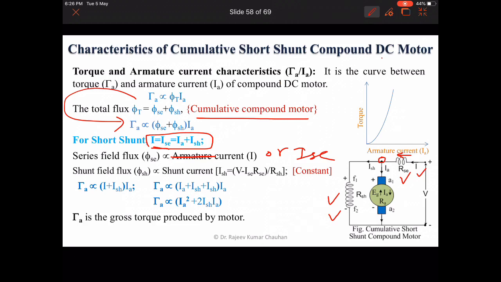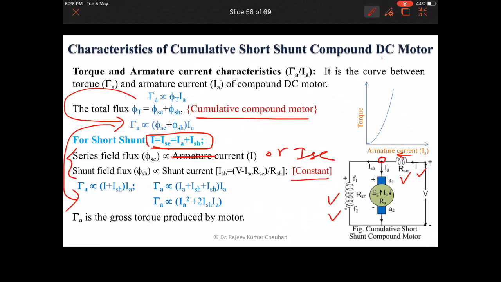Shunt field flux phi sh is proportional to the shunt current Ish, and that remains approximately constant. So, tau is proportional to I plus Ish into Ia in terms of current. This equation has been modified after putting the values of phi se and phi sh.